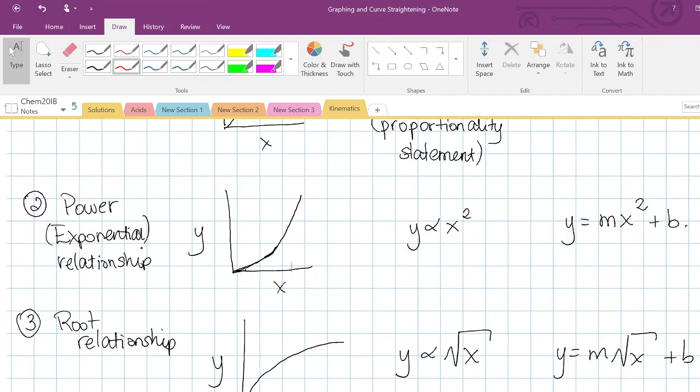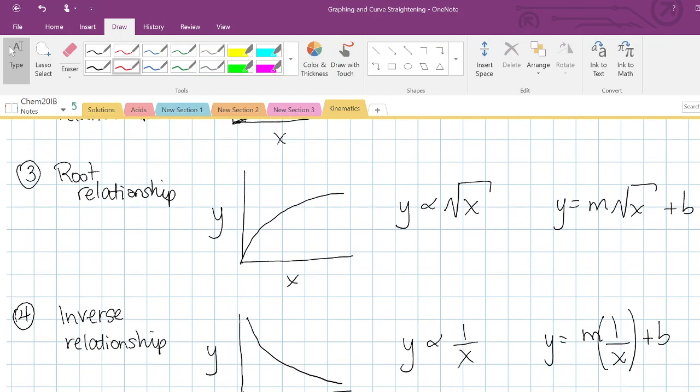If our proportionality statement is square root of x, then we'll take all of our x data, all of our manipulated data, and take the square root of each and every one of those data points, and then we'll replot it. If we've got an inverse relationship, we'll take each of our manipulated pieces of data, do the inverse for each of those, and we'll get a brand new set of x values, and we'll replot them.